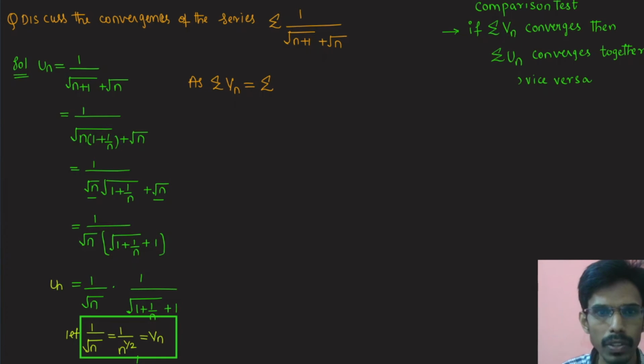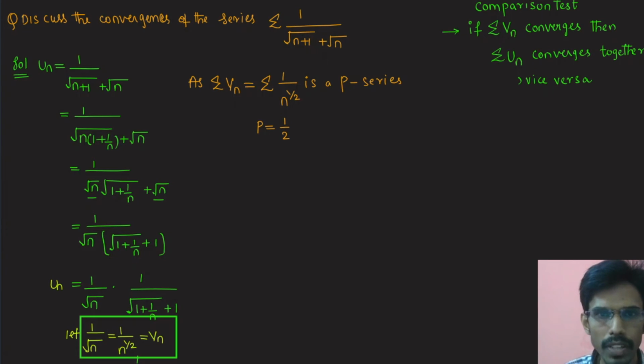Sigma Vn, whose value is 1 by n power of 1 by 2, is a p series with p value. P is the power of this n, that is 1 by 2.